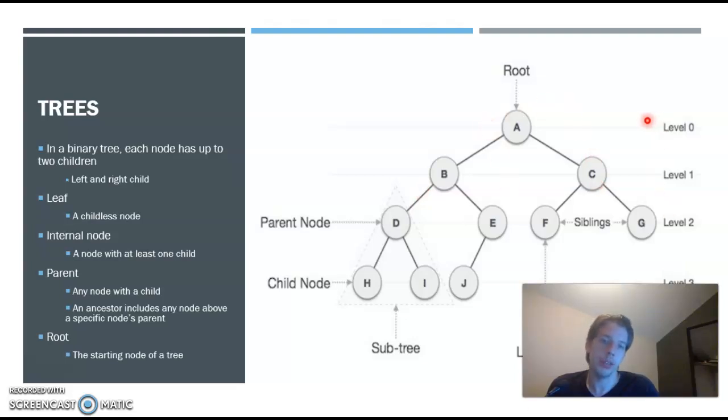Every tree has a level value, which is determined by how deep the tree goes. So this has a level of 3. We have 0, 1, 2, 3. Or it has a height of 4, I apologize. 0, 1, 2, 3 gives it a depth of 4, which gives it a height of 4.